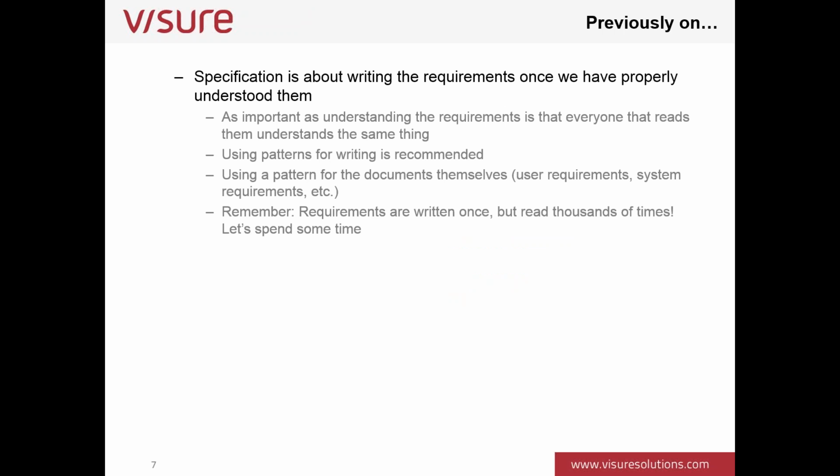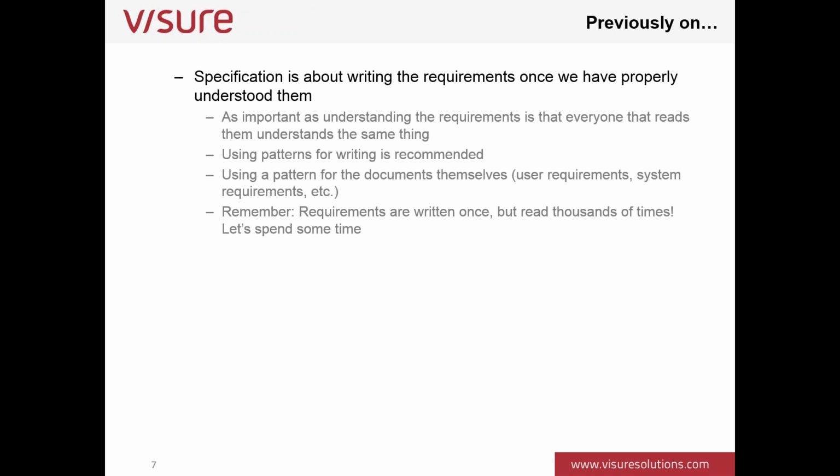And what we have also seen already, as a little introduction, is the requirement specification. Now that we have gathered and understood those requirements, we are ready to write them down. We are ready to put them into a document that can be read by thousands of different people, with different profiles, and they can understand exactly the same thing we are writing down.